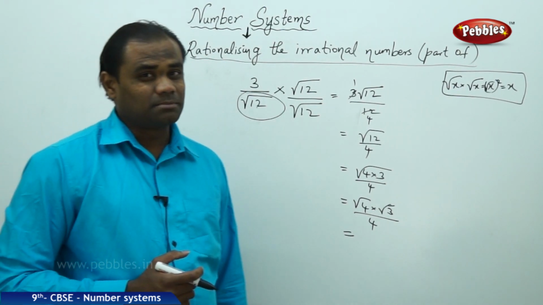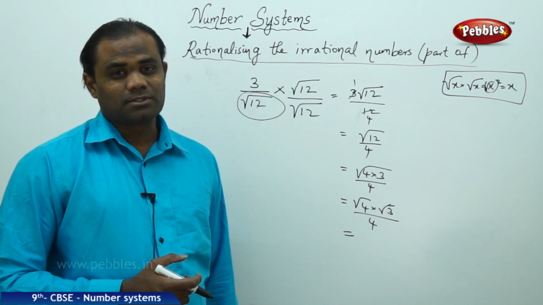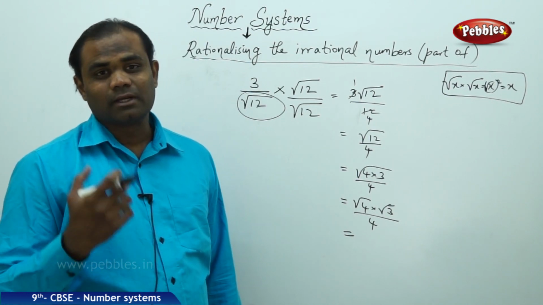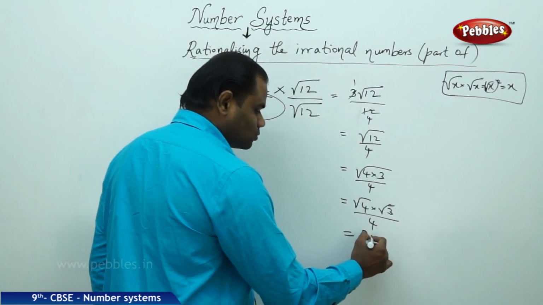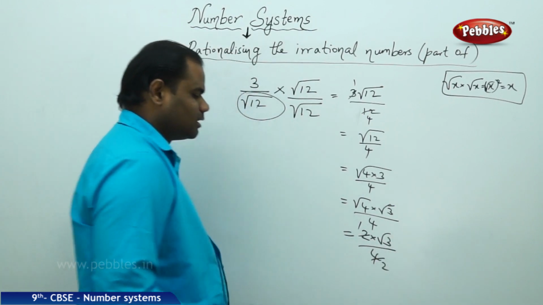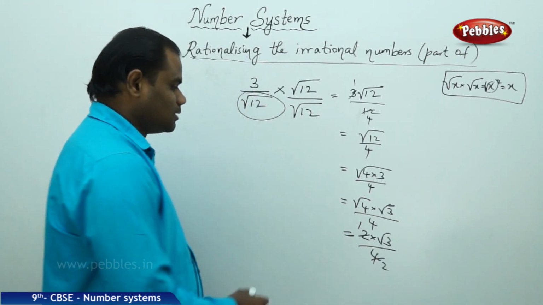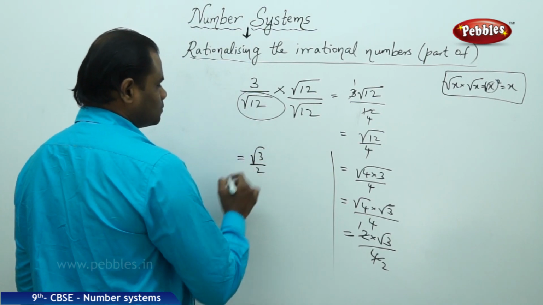Root of A plus B is not equal to root A plus root B. The splitting of roots is possible only in division and multiplication. So I have root 4, which is 2, times root 3 by 4, which can be further simplified so that the final answer is root 3 over 2.